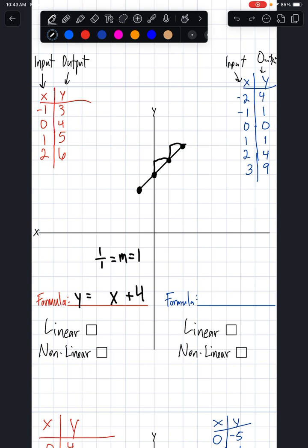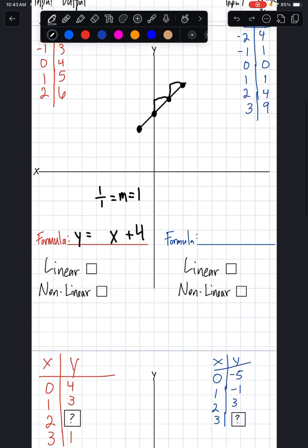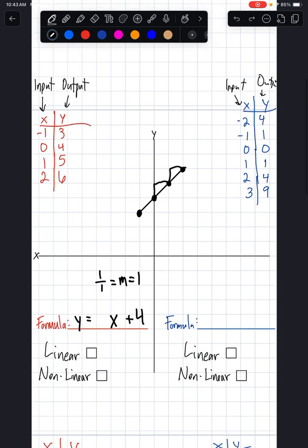Cool. And then something new that we're introducing is whether it's linear or nonlinear. If you look at the word linear, you can think of it as line. So if our graph is a straight line, then it is linear. If it's not a line, it's not linear, and we'll get into more of that.